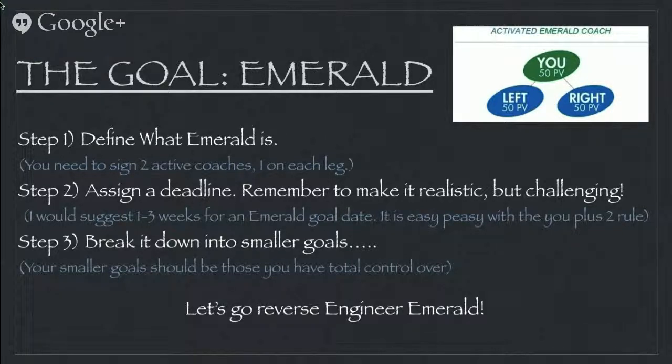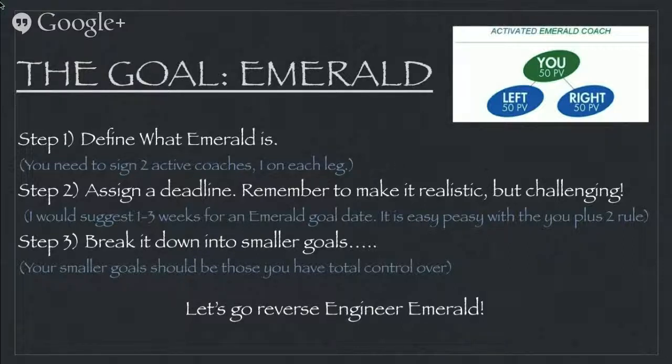It's also super easy with the U+2 rule. Beachbody allows you to sign up you plus 2 family members on the same credit card. So you can sign up you, your spouse, and your mom, or you, your spouse, and your sister, or you and your dad and your sister.